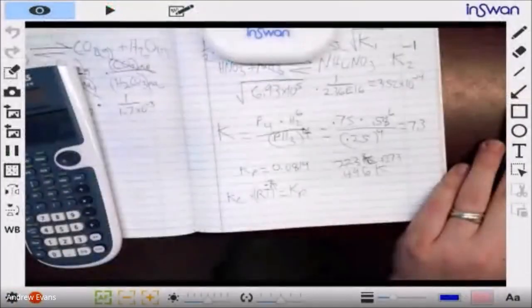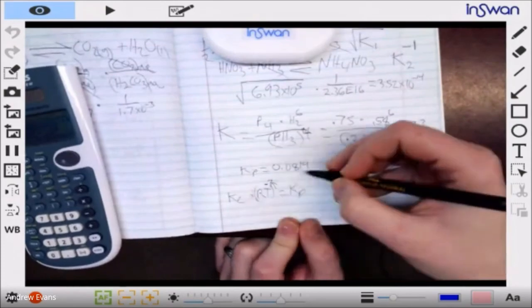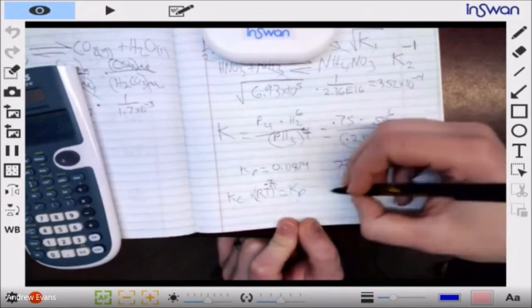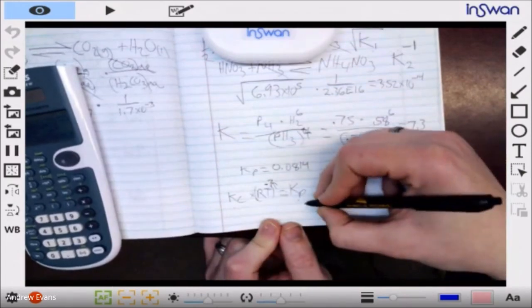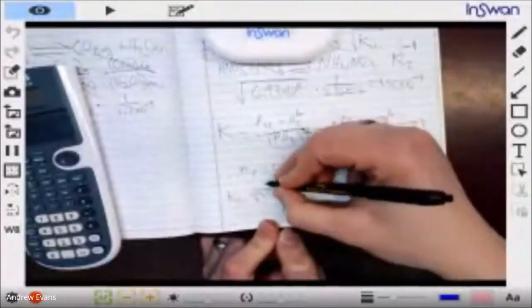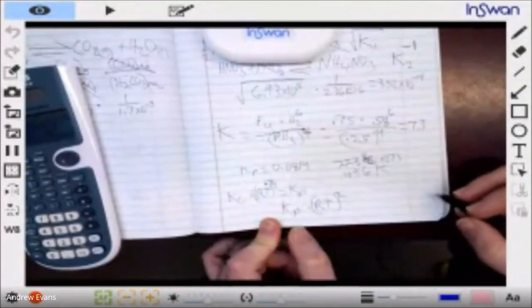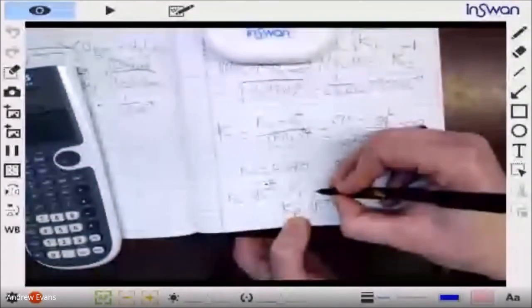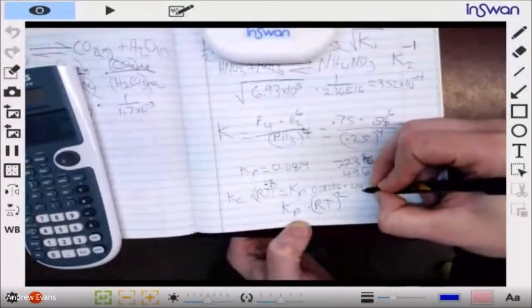So if we have Kp, to get Kc, it's whatever our Kp is times RT squared, because to get from -2 to the other side makes it +2. So we need R, which is 0.08206, and T, which is 496.